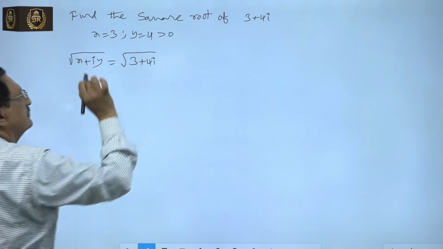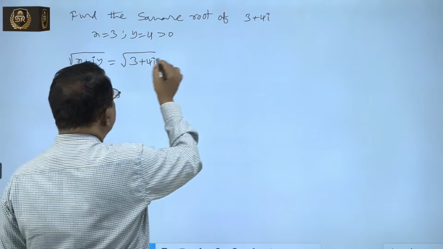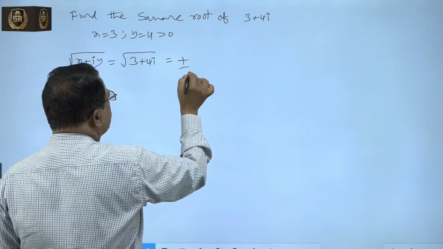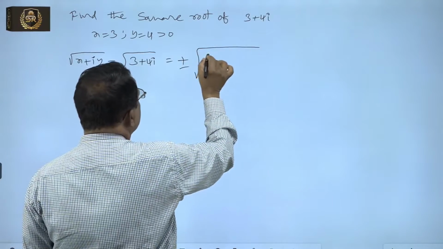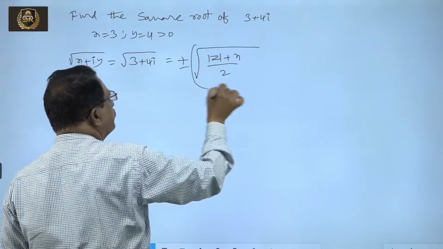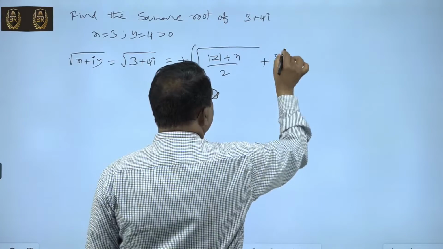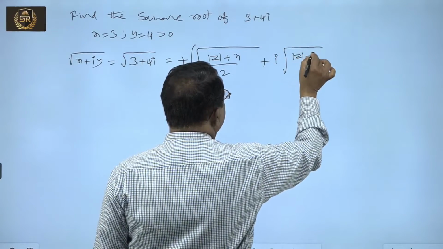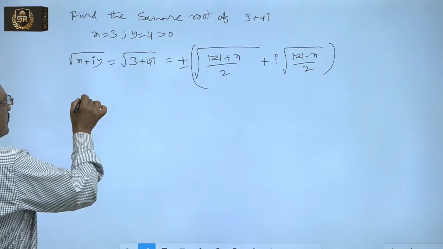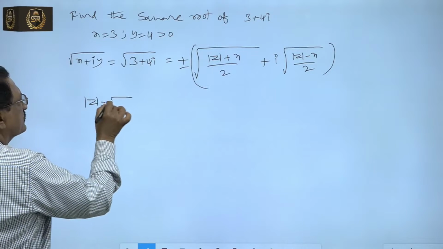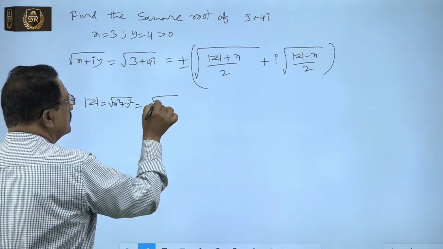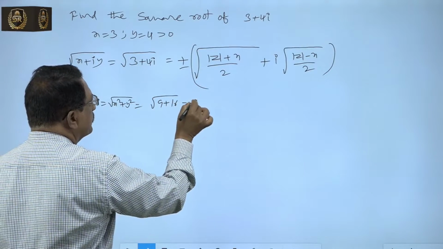Now y is greater than 0, so square root of x plus iy equals plus or minus square root of (mod z plus x) by 2 plus i into square root of (mod z minus x) by 2. But here mod z equals root of x square plus y square, which equals square root of 9 plus 16, that equals 5.